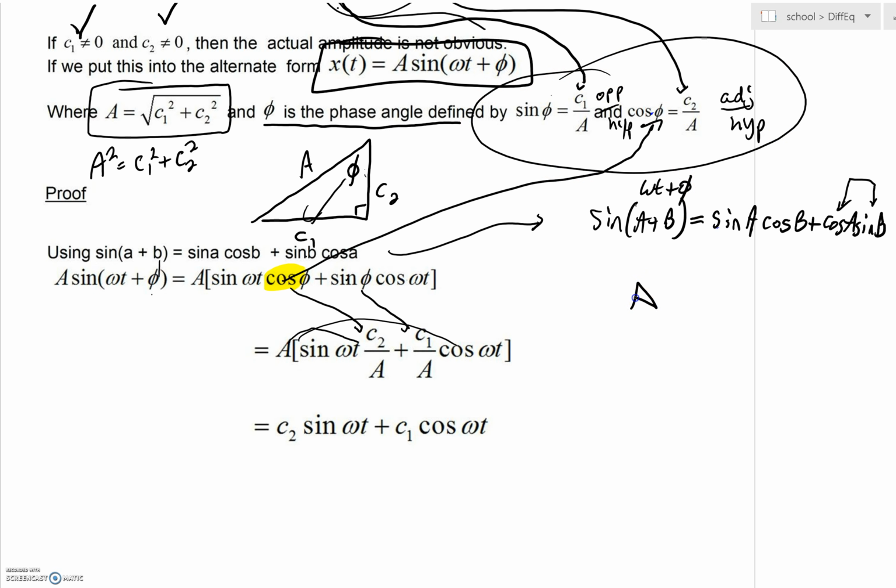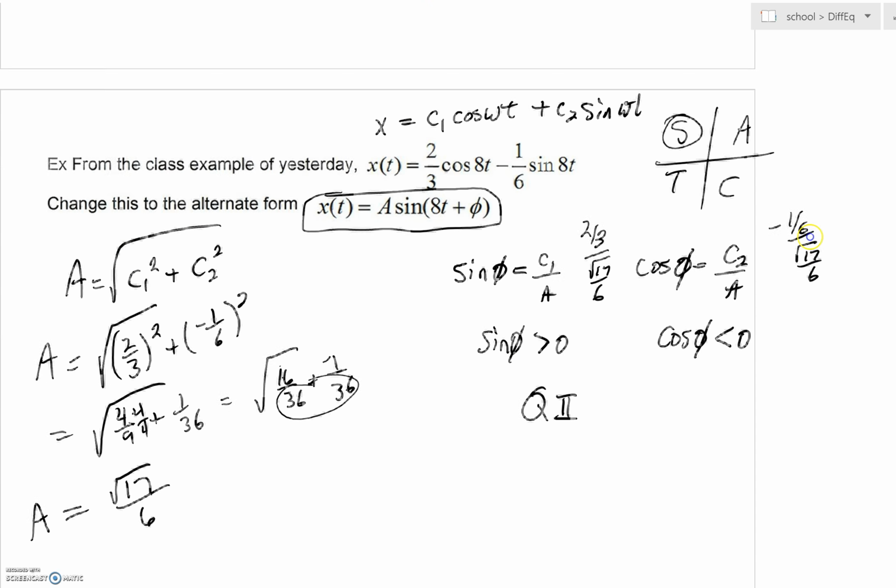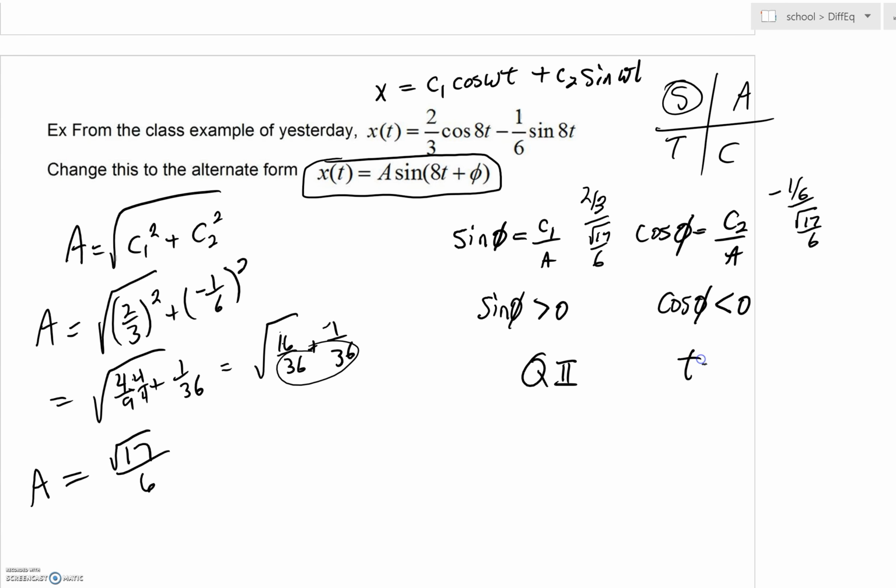I hope you're also going to know that the tangent of phi would be the opposite all over the adjacent. Now we could have divided the sine of phi over the cosine of phi and gotten C1 over A divided by C2 over A. We would have gotten the same thing. This is a much quicker, easier kind of a setup.